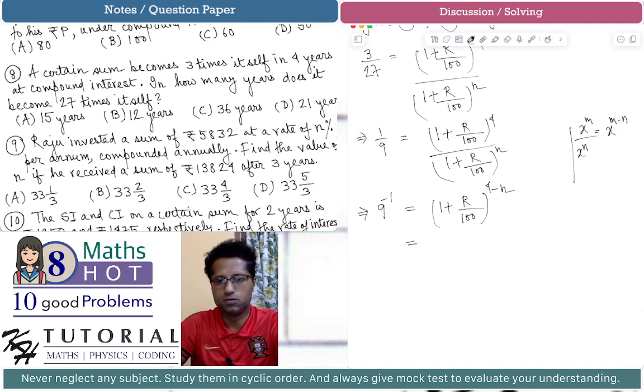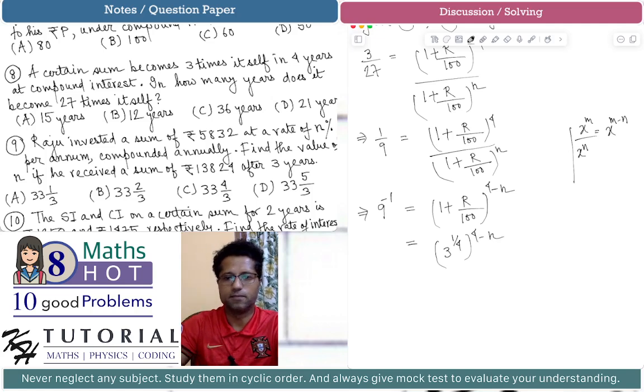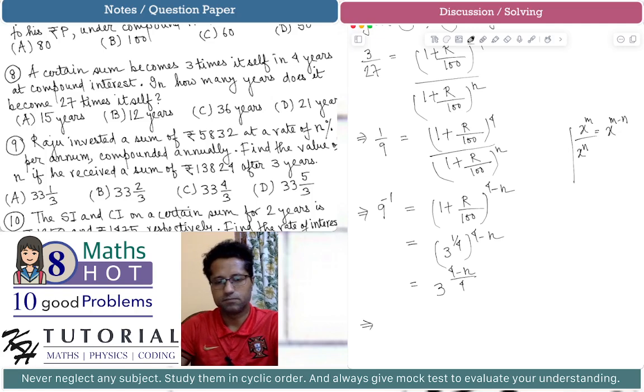So this is equal to (1 plus r by 100) is 3 to the power 1 by 4, and we have whole to the power 4 minus n. So on the right hand side this becomes 3 to the power (4 minus n) by 4, and on the left hand side the base 9 can be written as 3 square.